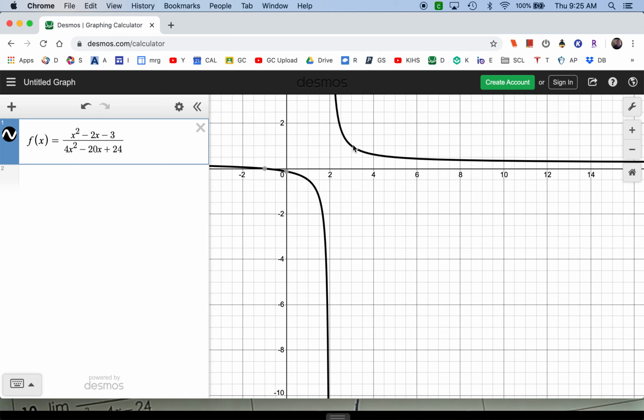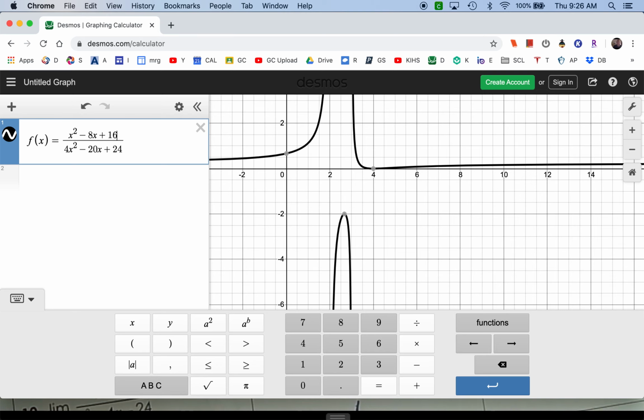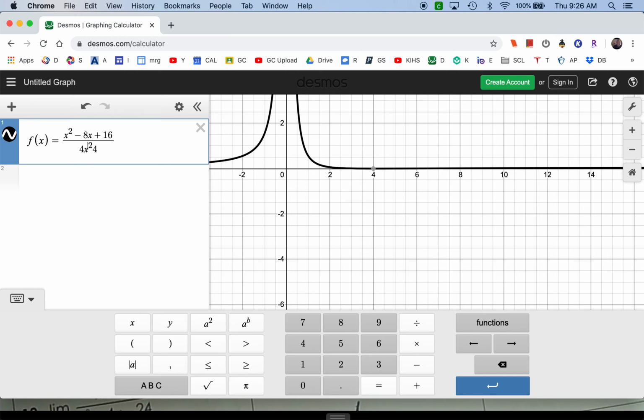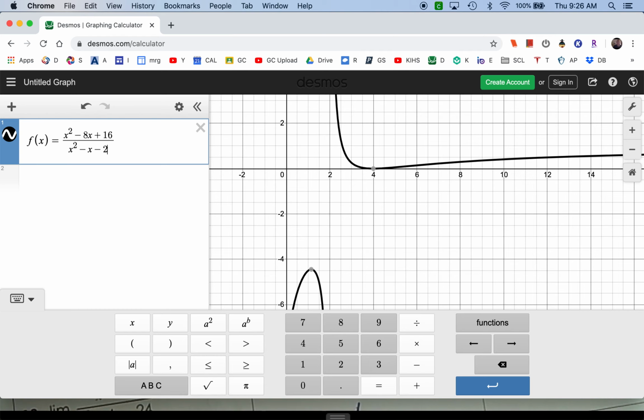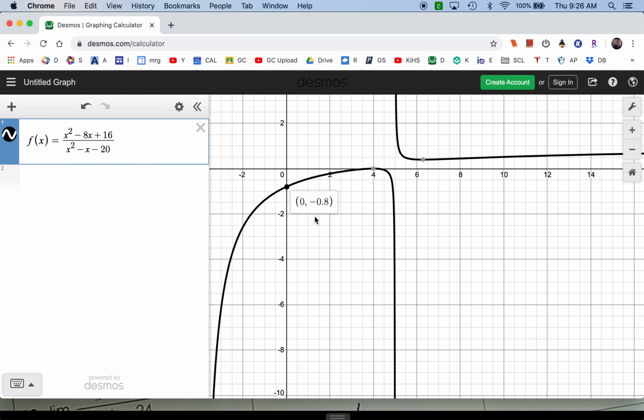All right, number 12. x squared subtract 8x plus 16, and then x squared minus x minus 20. And again, this time we're doing it at 0. So I can even actually see it right there at 0.